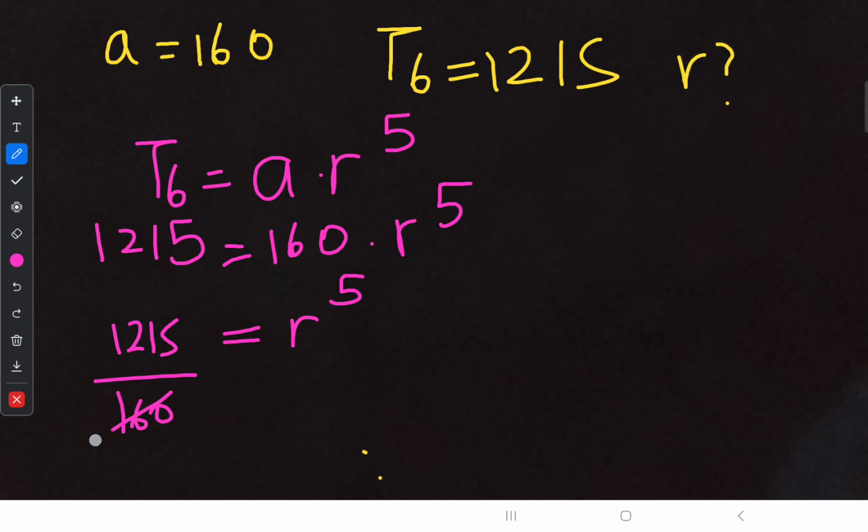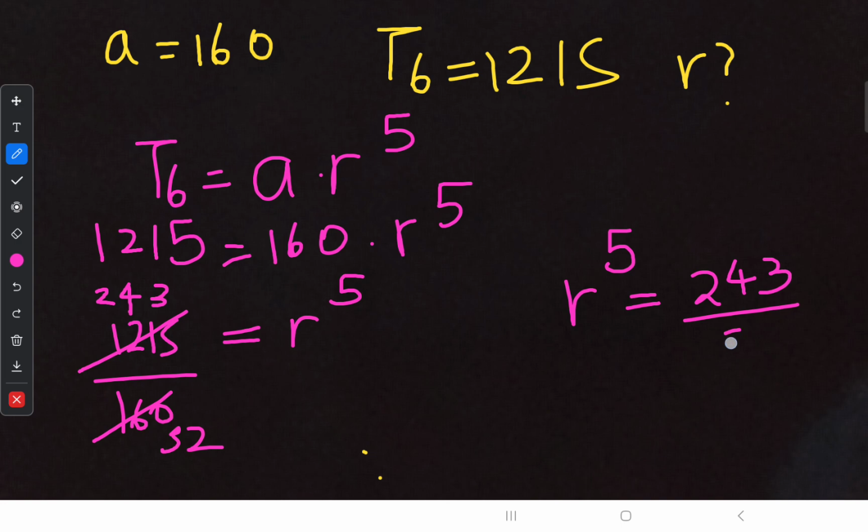When we simplify this by using 5, it's 243 upon 32 equals r to the power of 5. 243 is 3 to the power of 5, and 32 is 2 to the power of 5.